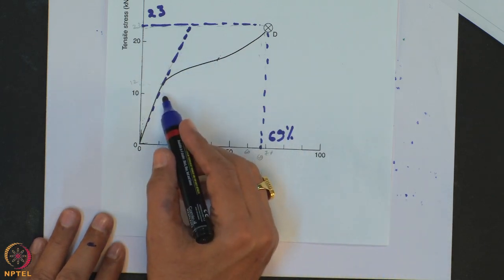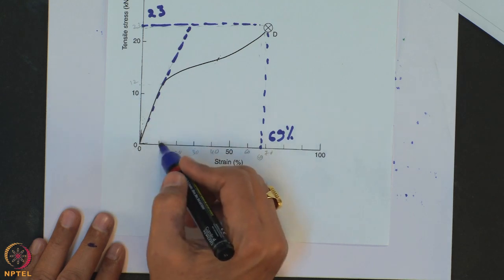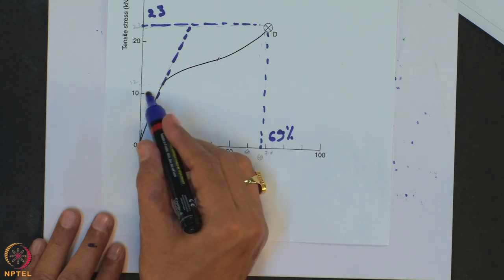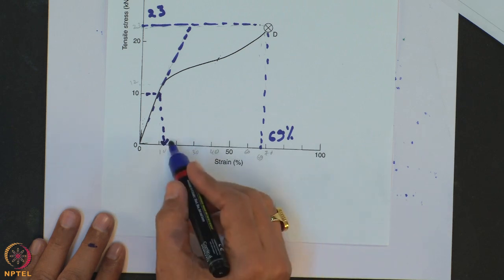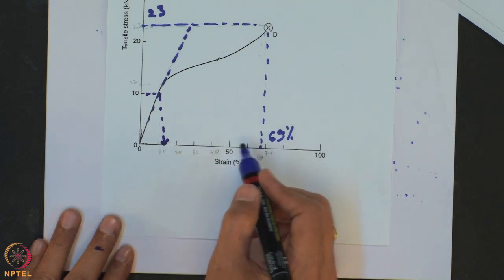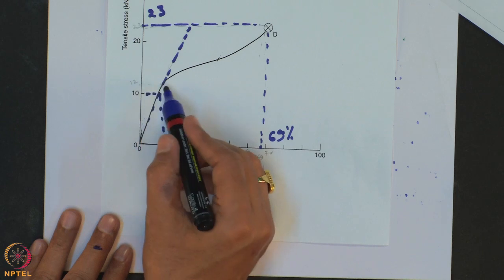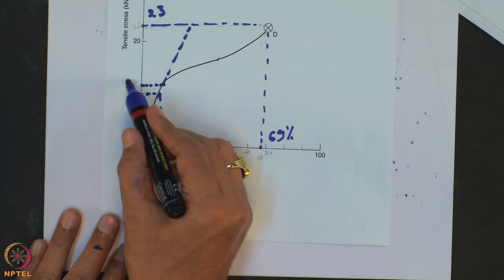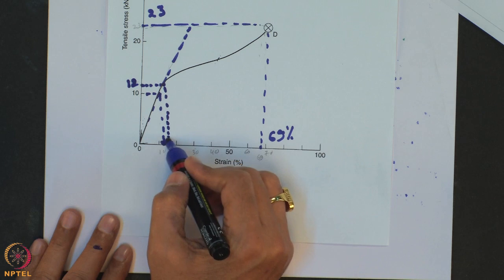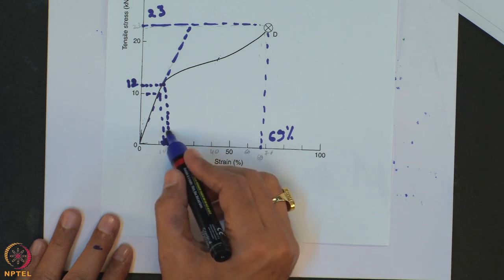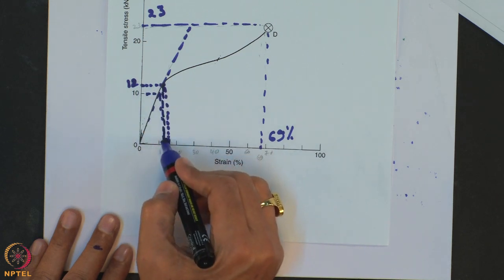For example, let us say for a certain strain value, like this actually.